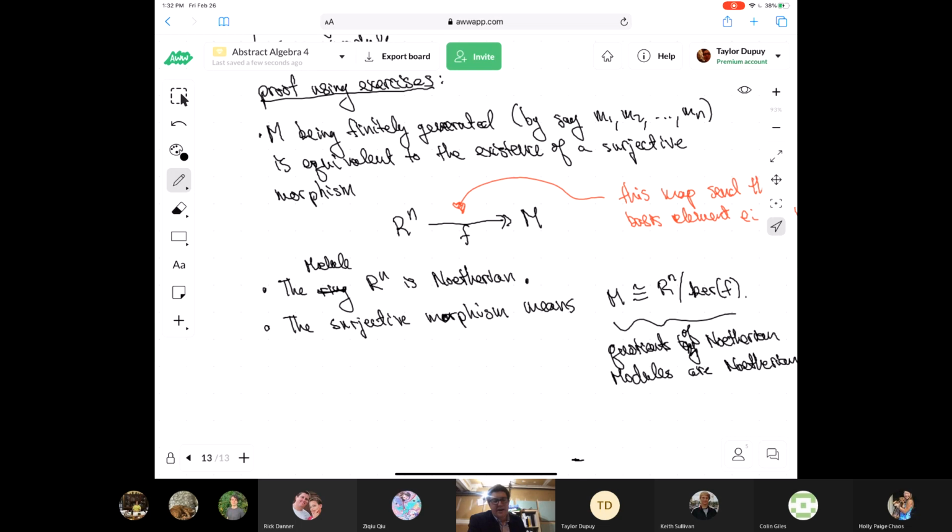This is how modules are stored in computers, say in Macaulay2: you give the generators and then the relations between them. It's the same way we talk about groups with generators and relations.